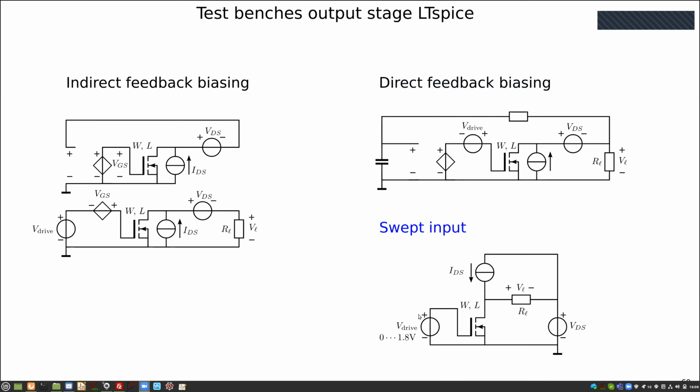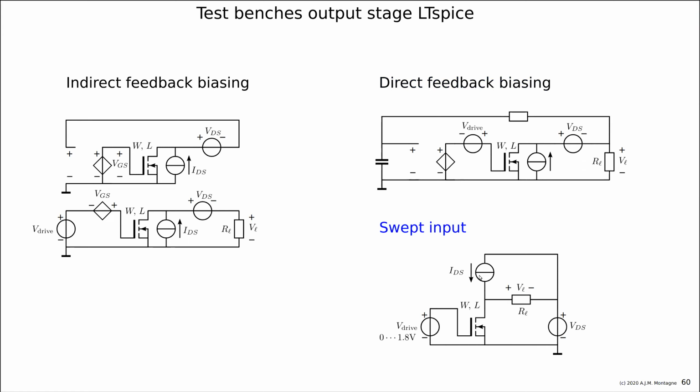And that is this, I call it swept input. We just have a VDS we connect with the load resistance, and we apply IDS, and we sweep with the voltage. And of course, if the voltage is 0, then all IDS is flowing through RL. And if the voltage is 1.8 volt, then hopefully all the VDS is generating a current through our RL, which flows through the FET together with IDS.